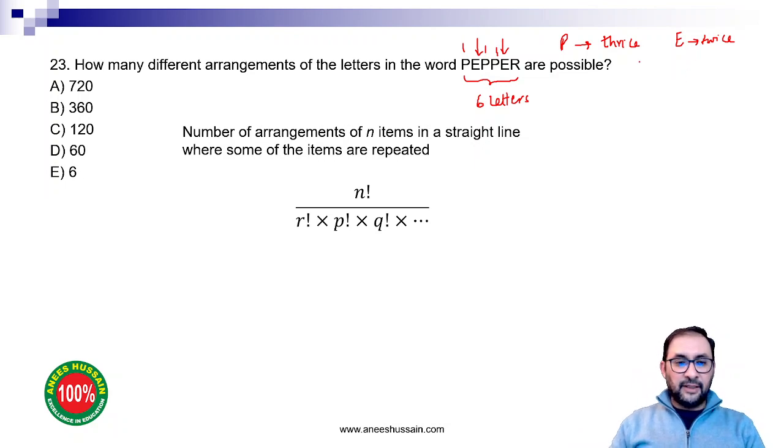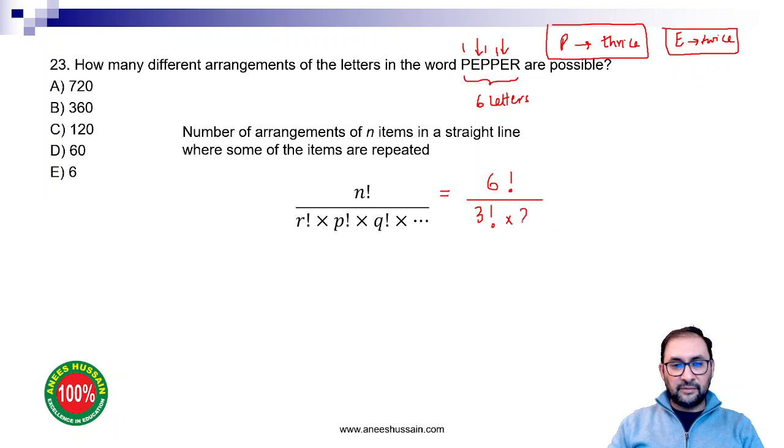So it's going to start off with n factorial. So there are 6 letters. So let's begin with that. 6 factorial divided by, there are 3 p's, so 3 factorial, and 2 e's, so 2 factorial. Okay, and then you just do the calculation.